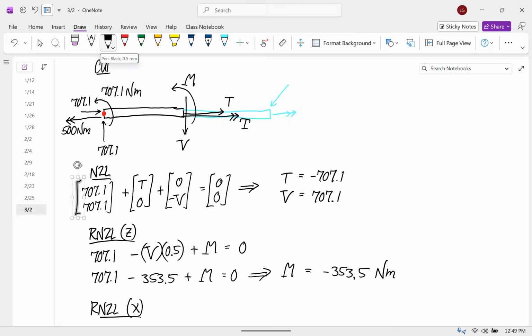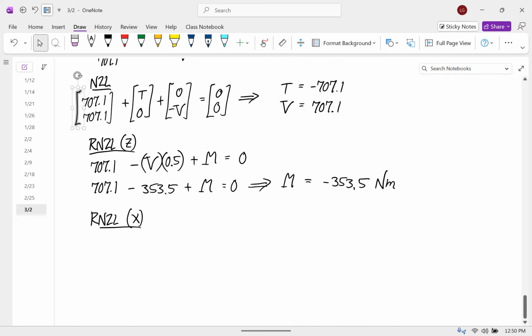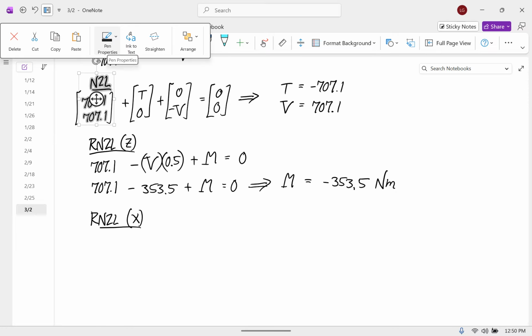So we have minus 0.5 V. And then we have plus the M. And then I took what we know about V and substituted it in for V. And then just did the algebra to calculate M. 707.1 minus 353.5 is 353.5. Well, 353.6, but I rounded it.